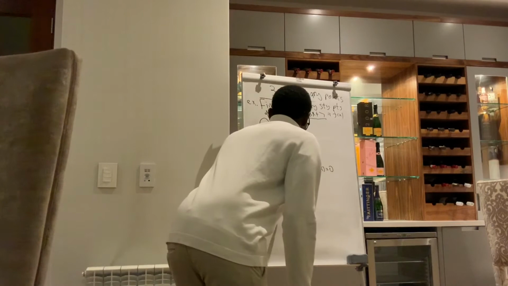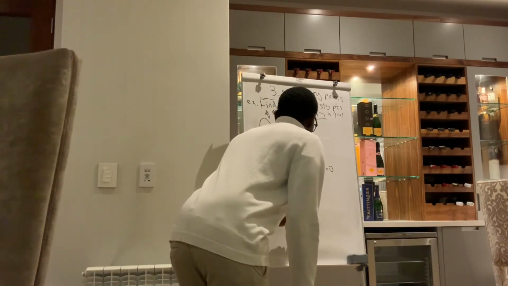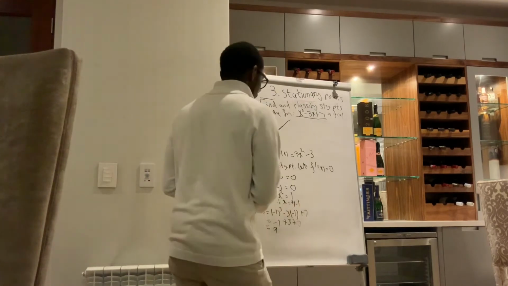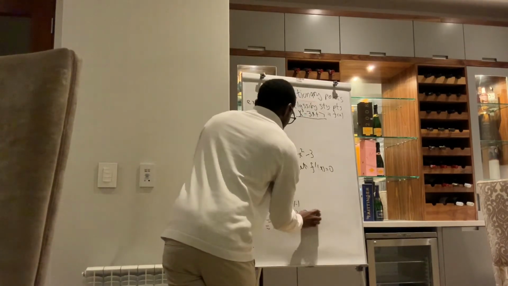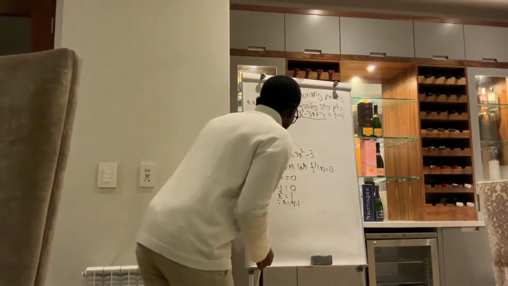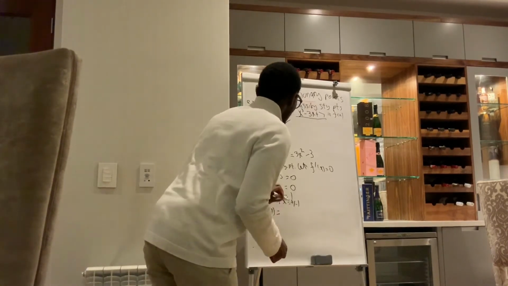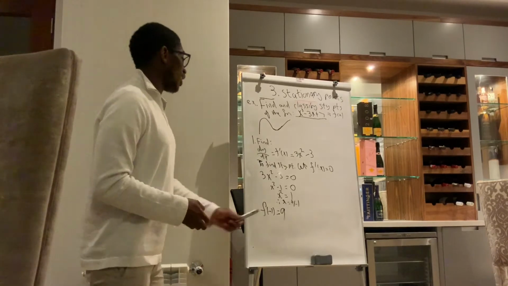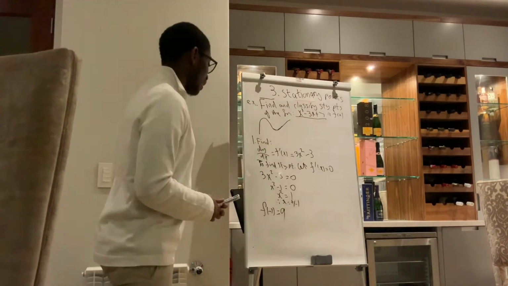So you're going to have negative 1 plus 3 plus 7, and that gives you 9. That's the y coordinate. If you calculate, I'm sure you'll find it is 9. You just plug in negative 1 into the function, and you'll get out 9.